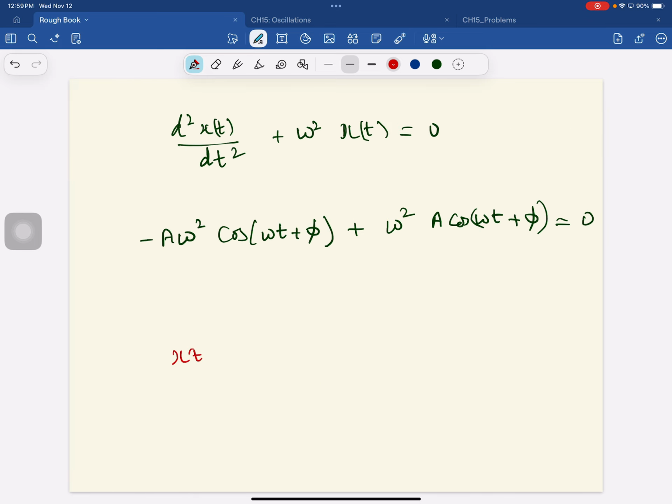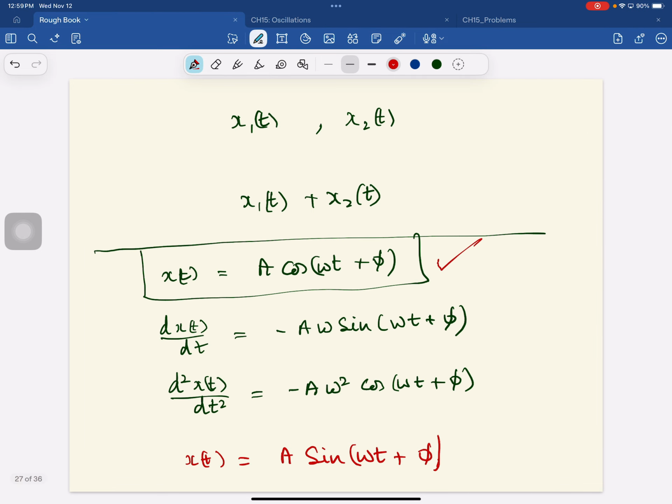So x of t equals A1 cosine(omega t plus phi 1) plus A2 times the other. Those are all the possible solutions. Anyway, that's all just algebra and mechanics.